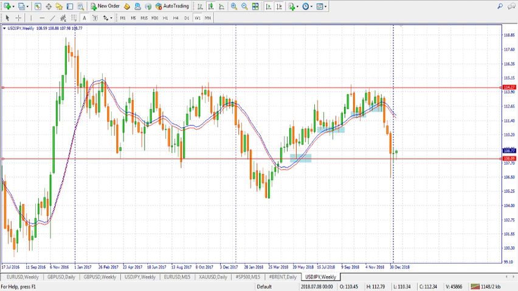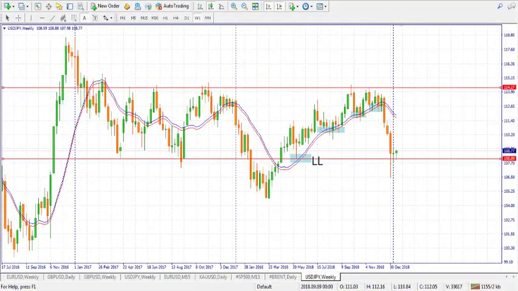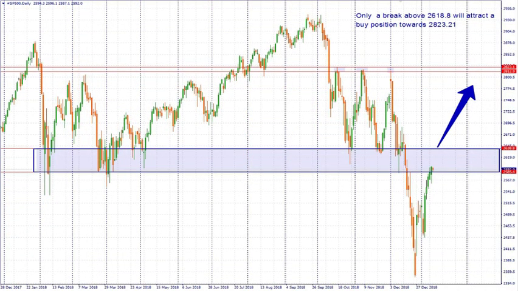That is a lower low, the very one on the lower side. This one is the lower low, and then we see the next one, higher low, higher low, higher low.